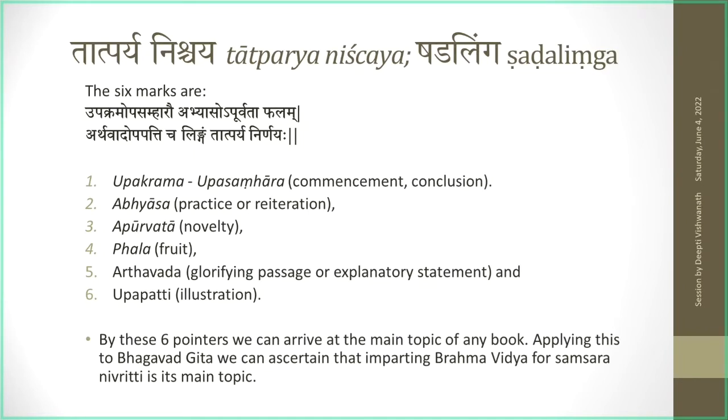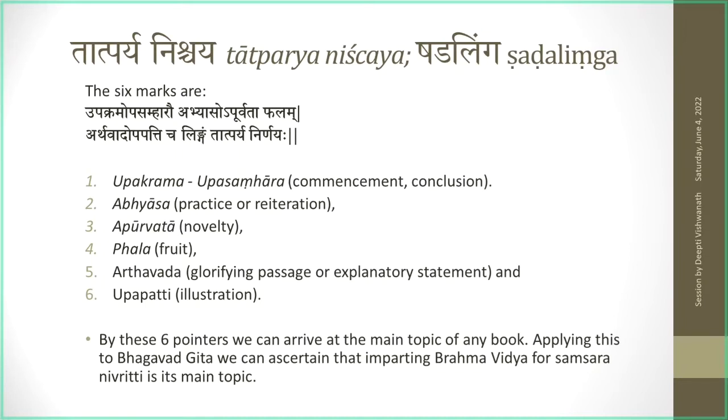Those 6 steps: upakrama, upasamhara, abhyasa, which means constantly repeating a point. Because of that abhyasa, there are different variations, because the Gita is giving us so many points. So you have Dvaita schools, you have Vishishta Advaita schools, like we did in the previous class. You will have different commentaries on this because they emphasize what is being repeated.